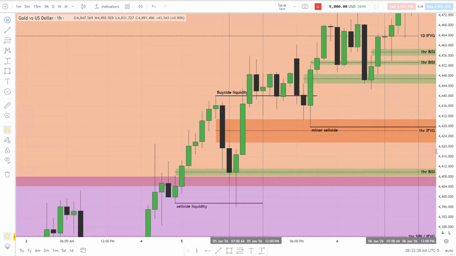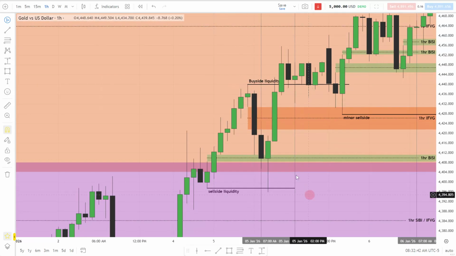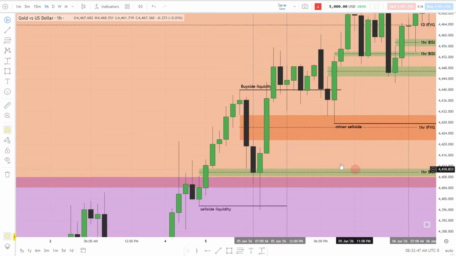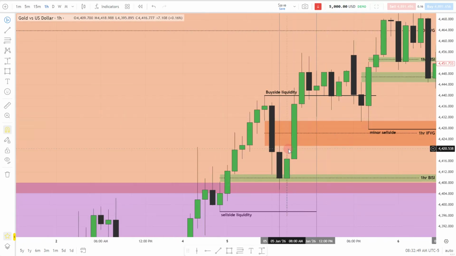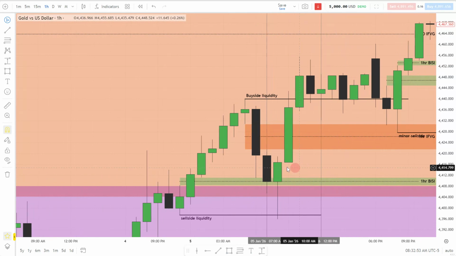We can see that we had buy side liquidity here, price hammering on that BC, and where I trade is actually from 7 to 12.